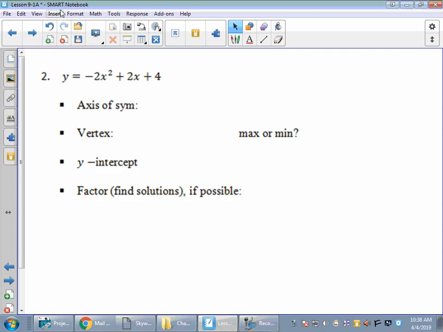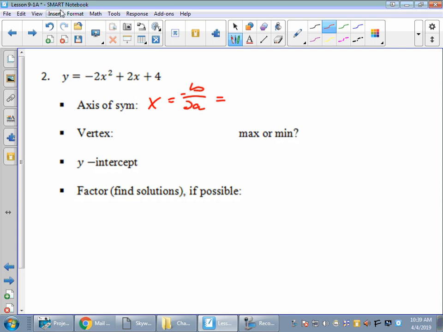Okay, so example 2, going with the same thing here. We've got this equation, y equals negative 2x squared plus 2x plus 4. So again, the axis of symmetry, remember, is x equals negative b over 2a. Here's our b value.